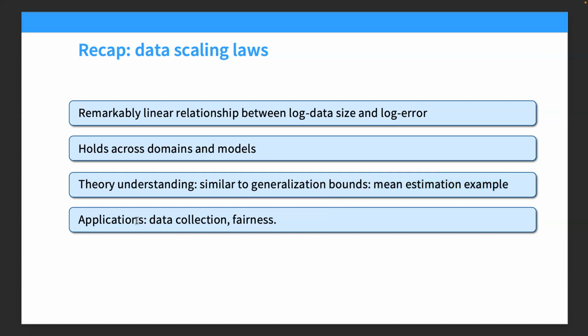And the application is that it proves we need to collect as diversified training data as possible, so that we can move that linear line down. So we can reduce the intercept, and thereby also reduce errors on that scale.